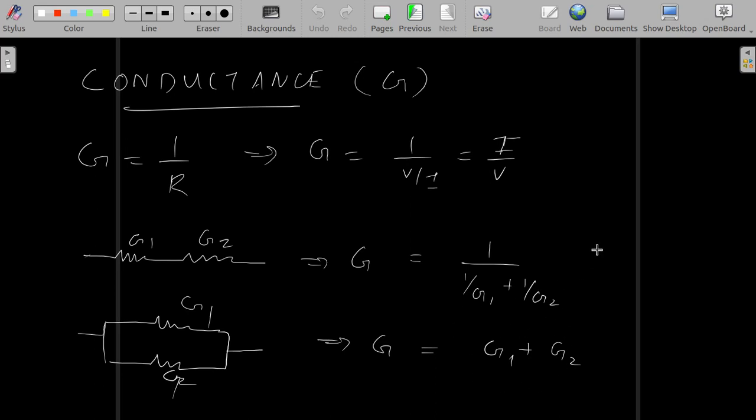To understand this, it is sort of logical in the sense that it directly follows from the definition of resistance and conductance, right? So what is resistance?